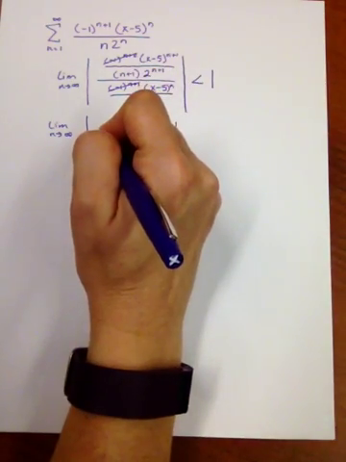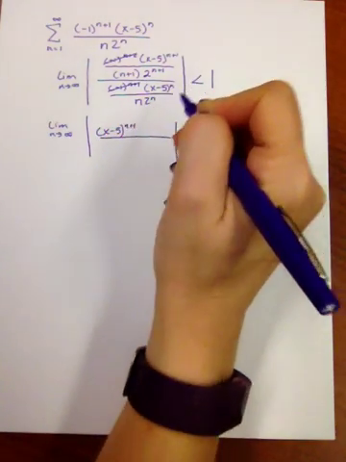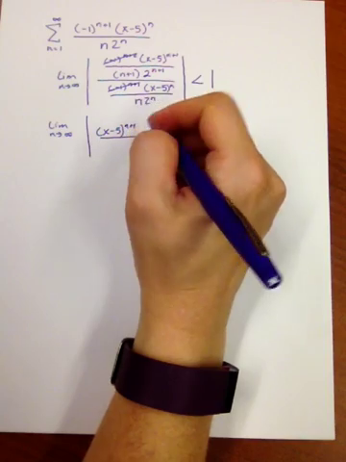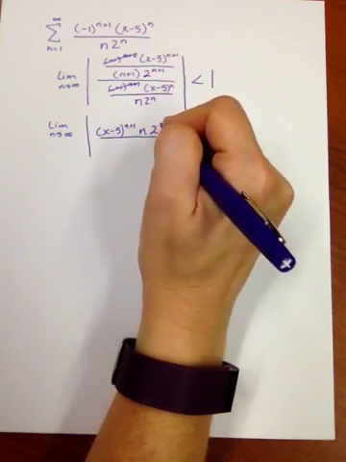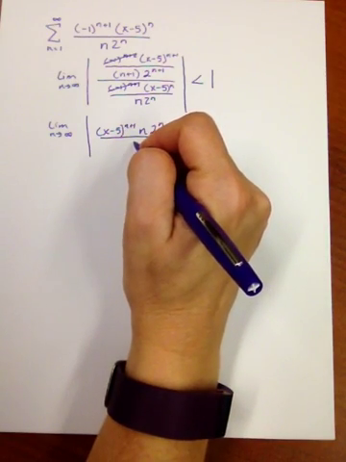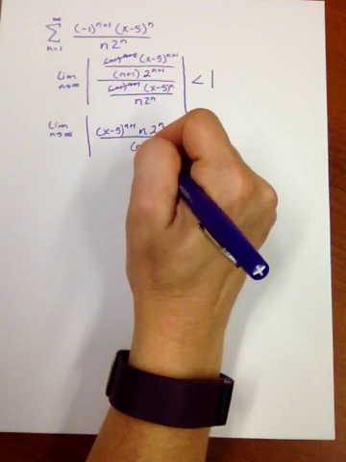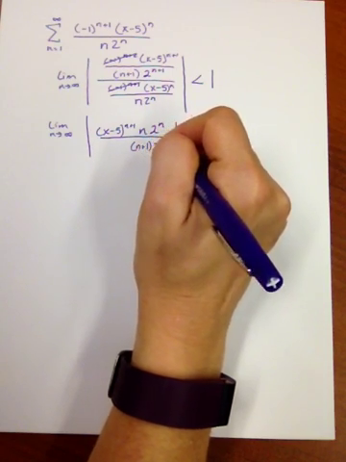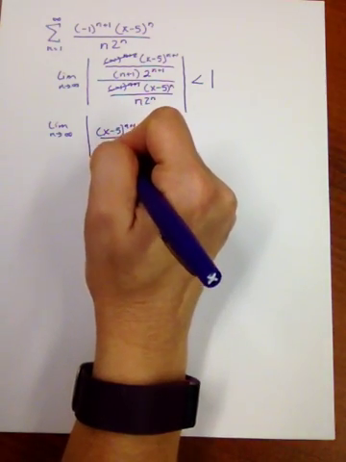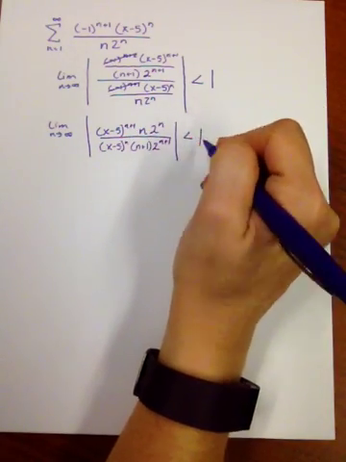So in my numerator, I have x minus 5 to the n plus 1 times n and 2 to the n. In my denominator, I have n plus 1, and then I have a 2 to the n plus 1, and I have an x minus 5 to the n. And again, we know that this converges when it's less than 1.